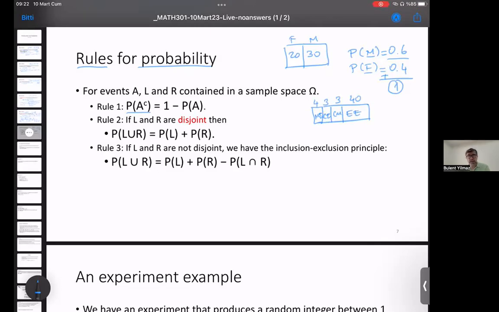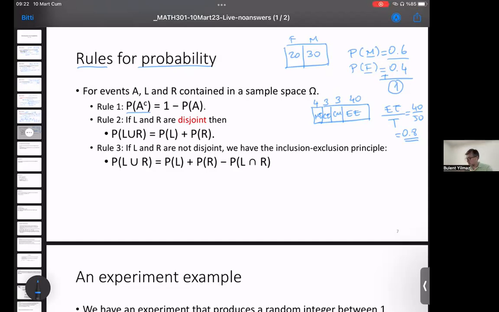So the probability will be the EE students divided by the total number, so 40 over 50, which is 0.8. I'm choosing a random person from a classroom where the majority are electrical engineering students and some are from different departments, and trying to find the probability of choosing an electrical engineering student.